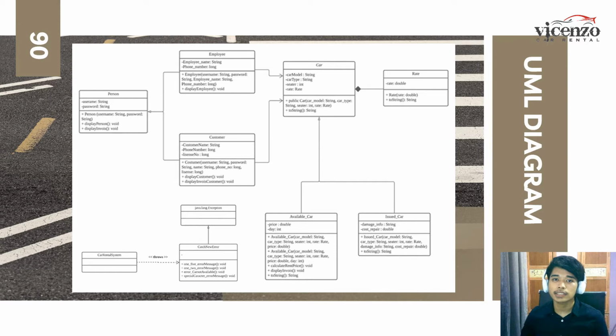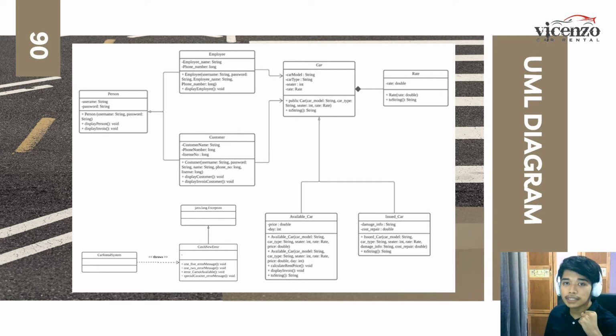Okay, so class car can inherit available car class and issues car class. For example, if employee wants to add a new available car, employee must key in car model, car type, seater, and rate.